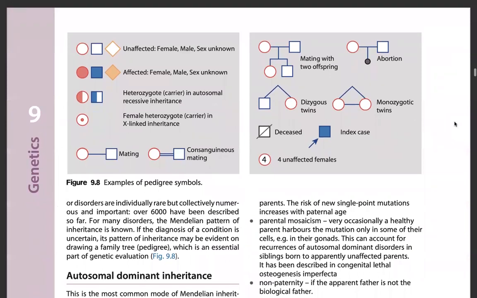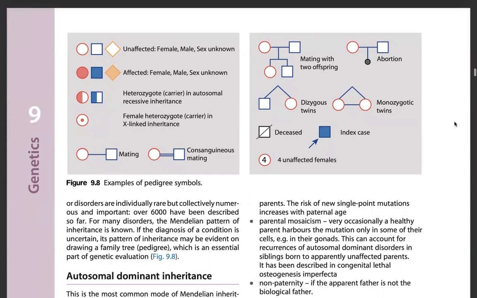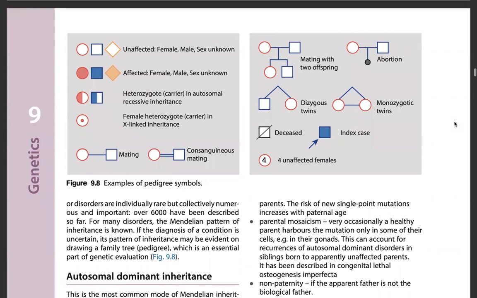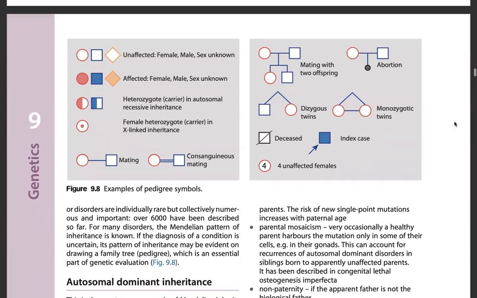Over 6,000 have been described so far. For many disorders, the Mendelian pattern of inheritance is known. If the diagnosis of a condition is uncertain, its pattern of inheritance may be evident on drawing a family tree, or pedigree, which is an essential part of genetic evaluation.